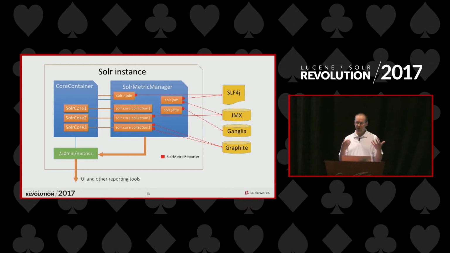So you have to know in advance what the metrics are, and you have to pull them. But using these reporters, you can use the push model and push selected metrics to external systems. External systems could include, like, Logger, so this way you can create files if you have an external system that is bent on working with just files, right? You can use JMX or Ganglia or Graphite.